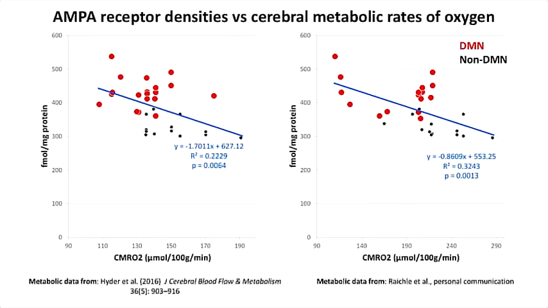What is most surprising is the negative correlation of all cortical areas, not only of the default mode areas, which are shown as red dots, but also of the non-default mode areas, the black dots. That means the more AMPA receptors, the more excitatory receptors in a cortical area occur, the less is the oxygen consumption.